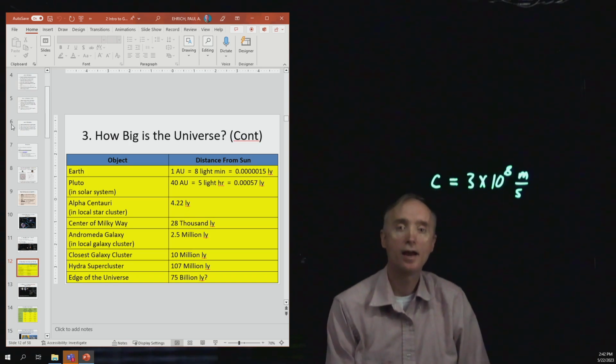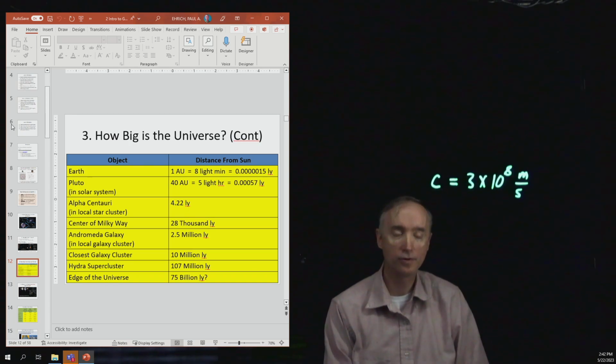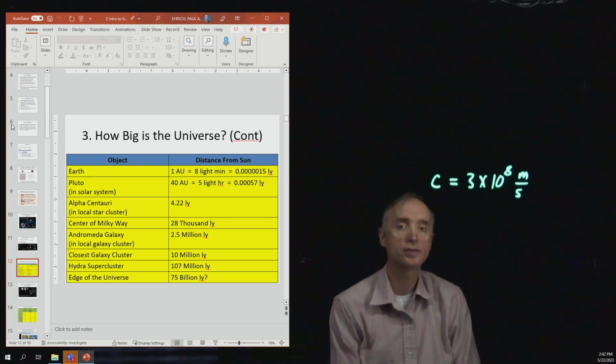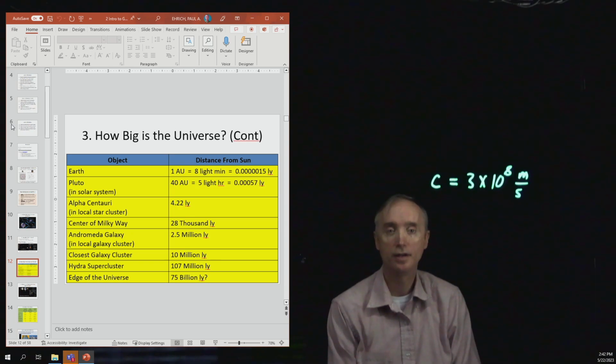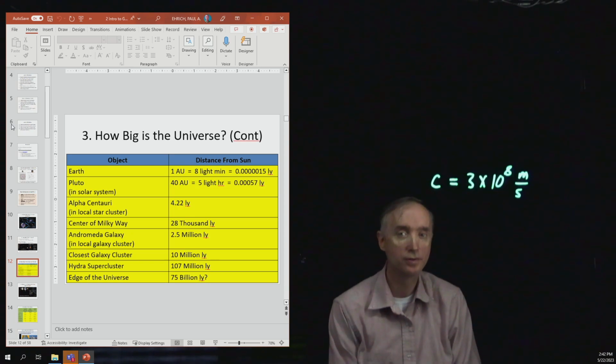Okay, and then how big is the universe? This chart just gives it to you in terms of light years. For example, the distance from the Earth to the Sun, we said, was 1 astronomical unit. Well, that's 8 light minutes.